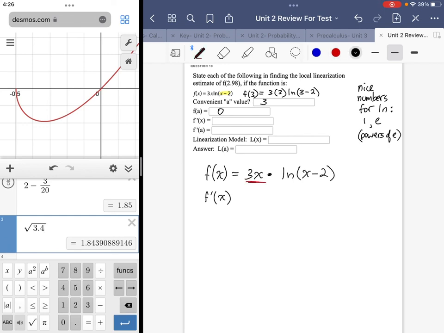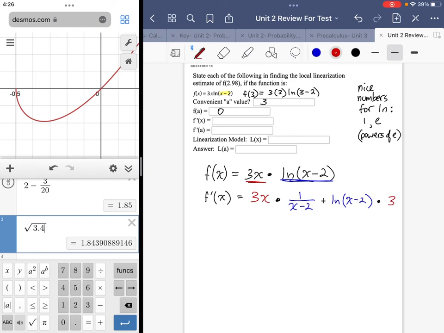We have our first function, first times the derivative of the second, the derivative of the natural log, 1 over whatever's contained within the natural log times the derivative of whatever's contained within the natural log, which happens to be a 1, so we're good to go. Plus my second, ln of x minus 2 times the derivative of the first function, which is just a nice clean 3.